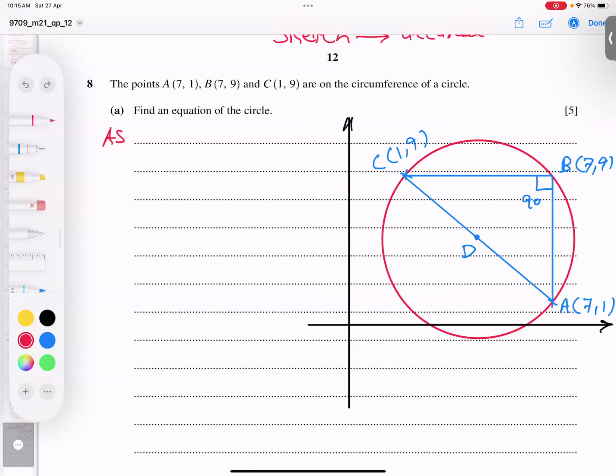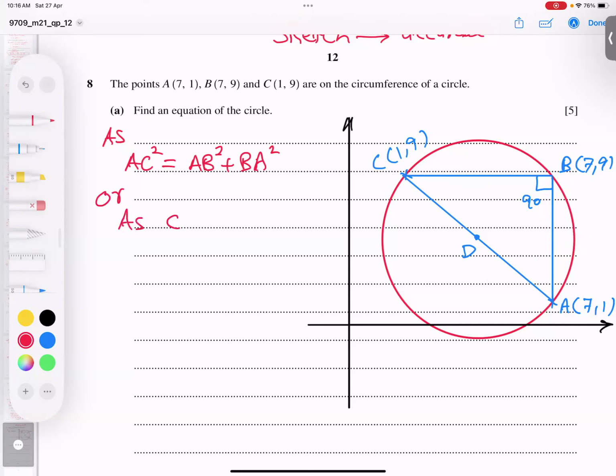Logically, if this is 90 degrees, this is called the hypotenuse, and this is opposite and adjacent. And for this kind of question we can apply Pythagoras theorem: this length squared plus this length squared equals this length squared. This is another evidence to show, okay? You can say AC squared, I mean hypotenuse squared, equals AB squared plus BC squared. You can say that.